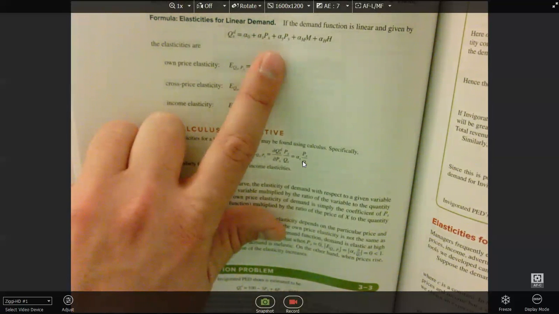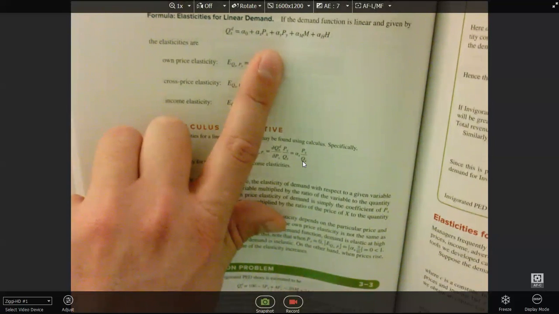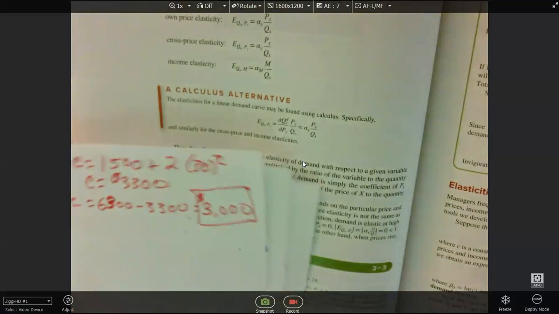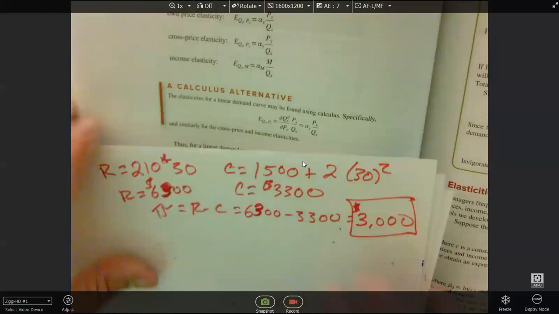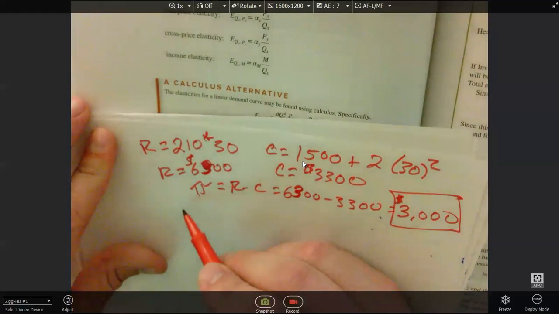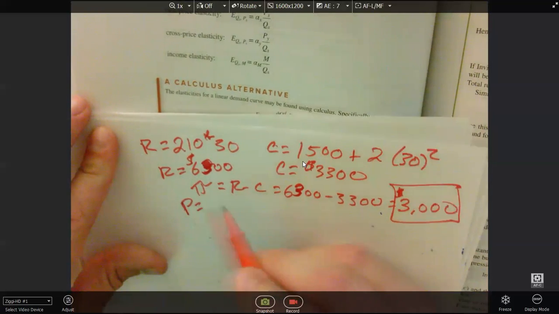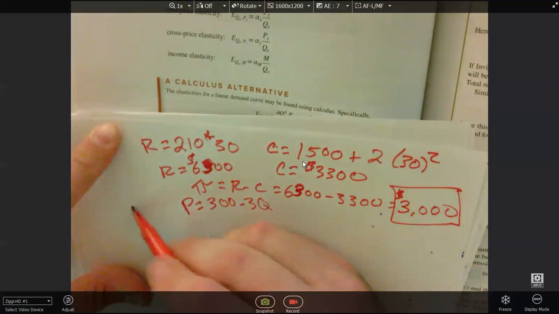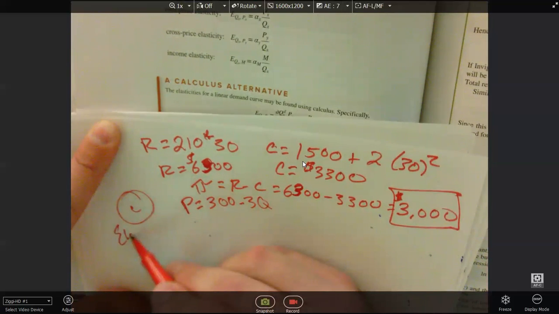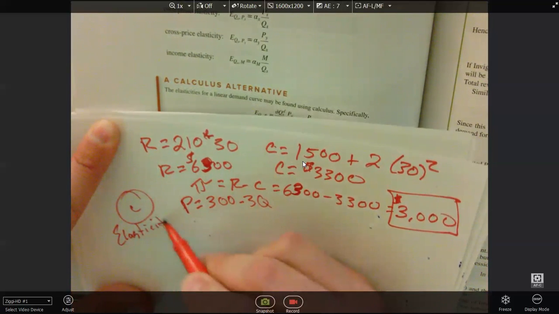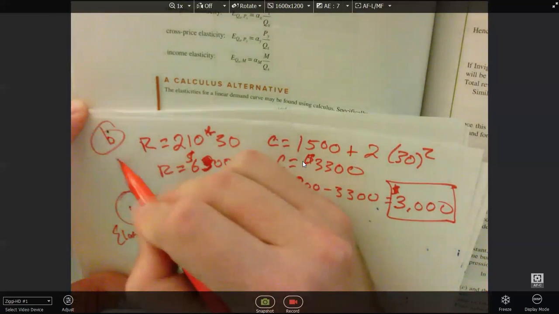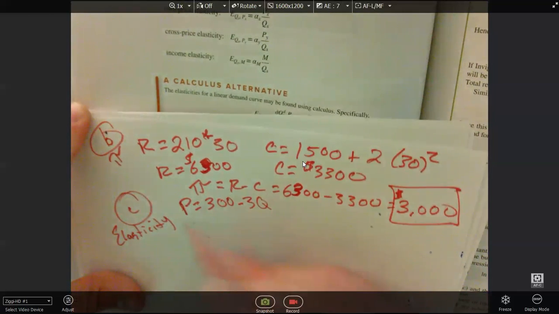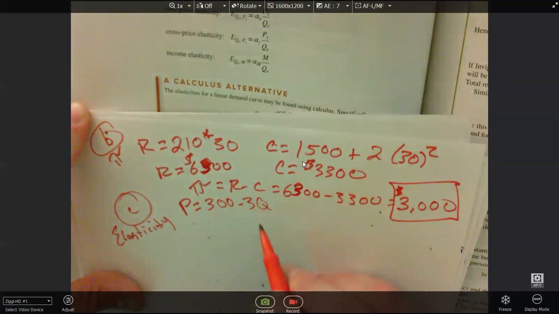So we would need to convert our demand curve to an inverse demand curve, right? Because right now we have P equals 300 minus 3Q. So now we need to switch this around to get Q in terms of P, right?